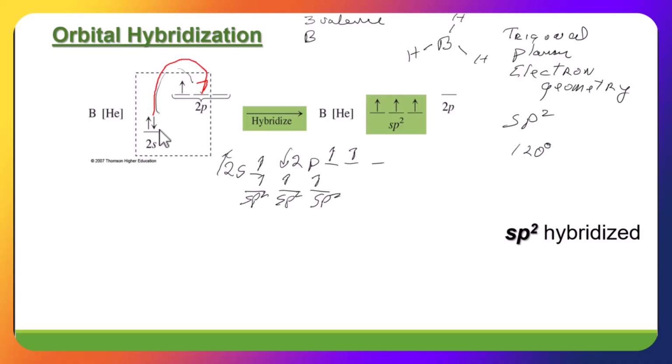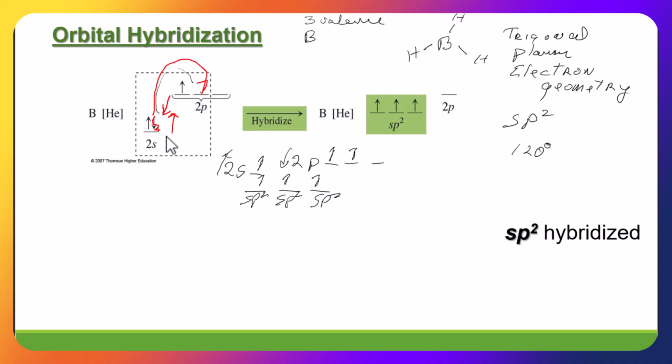So now we have unpaired electrons because this electron is gone. We have 2 unpaired electrons in the 2p, 1 unpaired electron in the 2s. Then we raise the energy, we hybridize, we lower the energy of the 2p, raise the energy of the 2s, pay a little bit of an energy price.